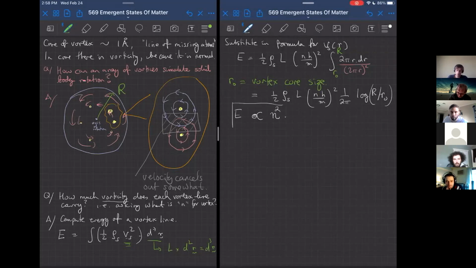Okay, so that's interesting. Now we know that, but we want to minimize the energy, and we also have to remember that we're keeping the fluid rotating at a fixed rate.